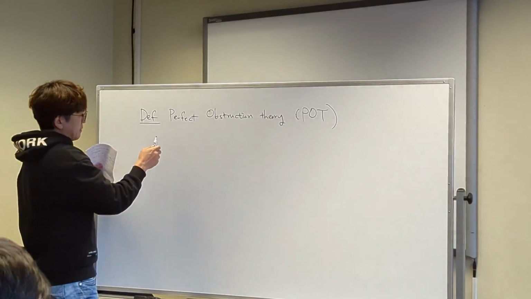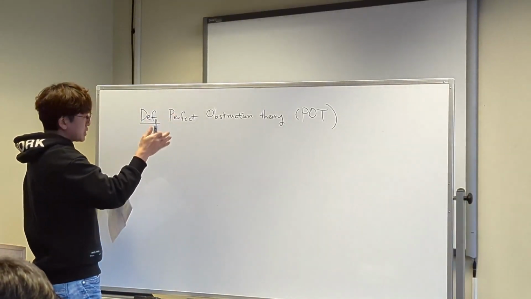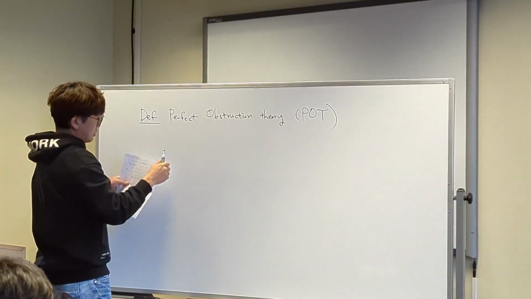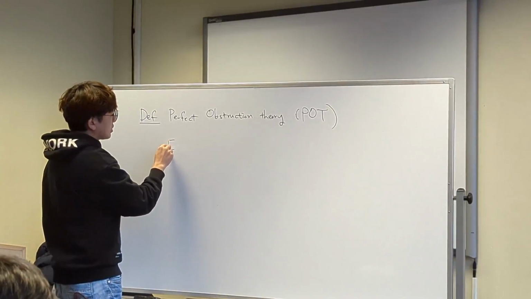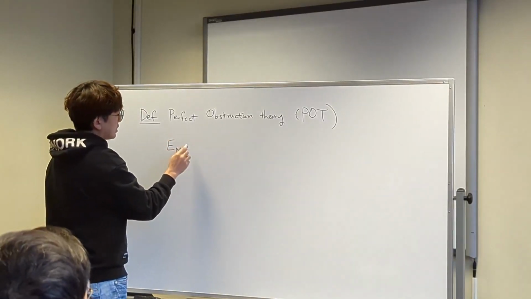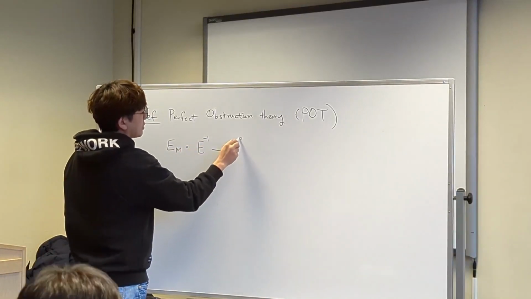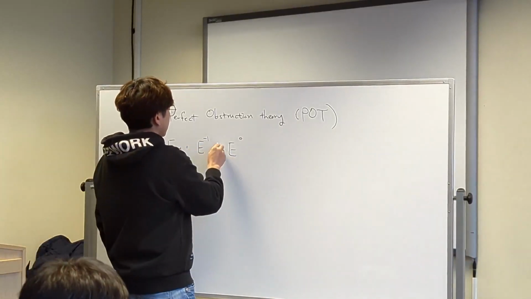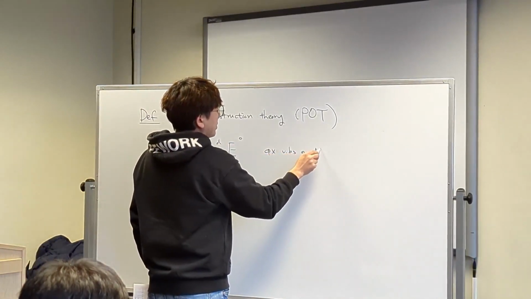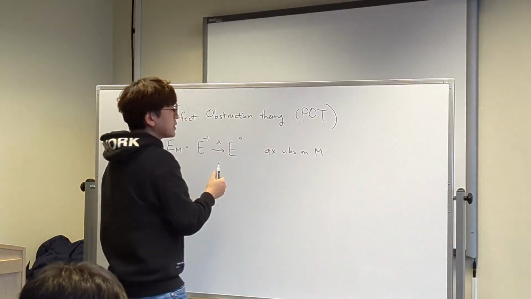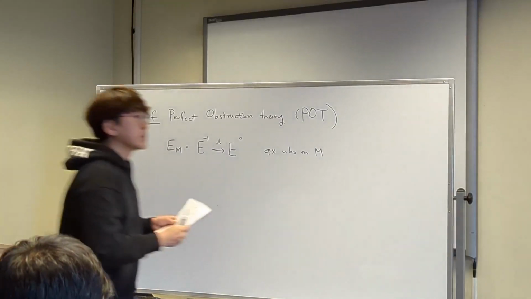The definition of a perfect obstruction theory consists of the following data. First, we need a two-term complex of vector bundles on M, so this is an element in the derived category.